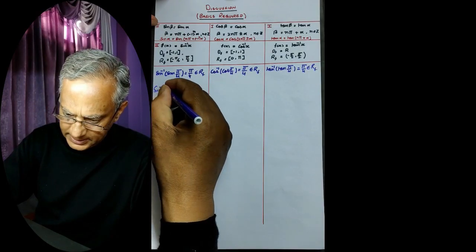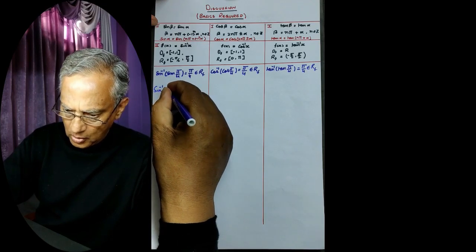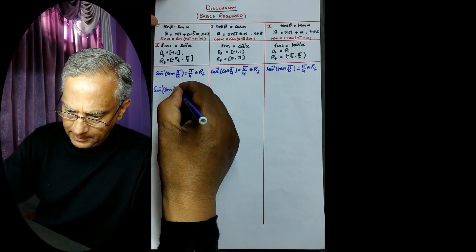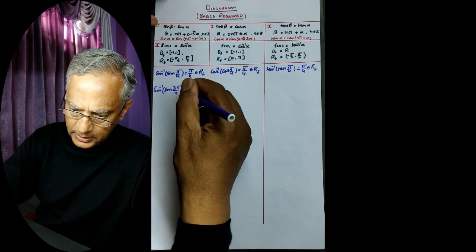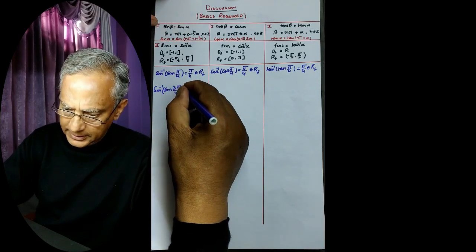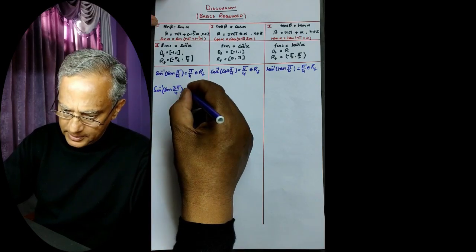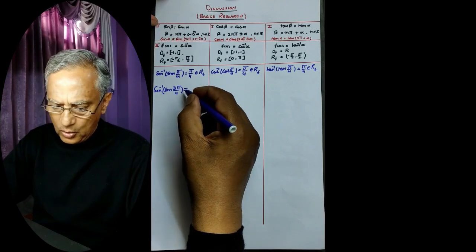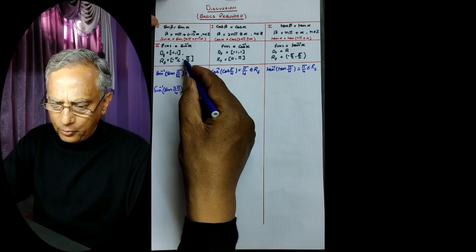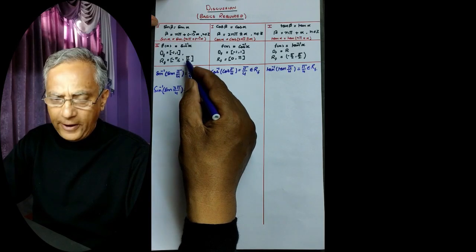And sine inverse of sine, say 3 pi by 4. If I write this is equal to 3 pi by 4, but 3 pi by 4 does not belong to the range of f.